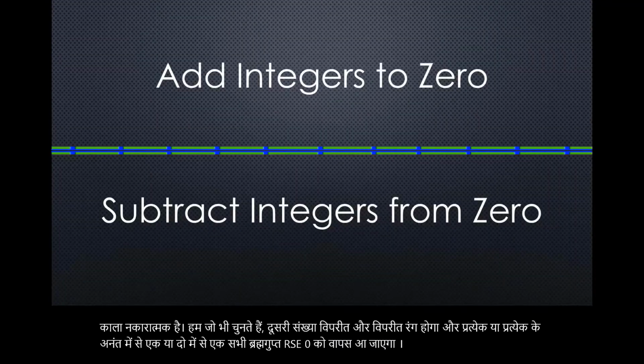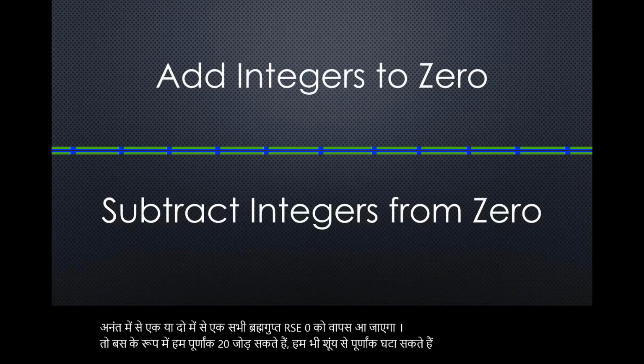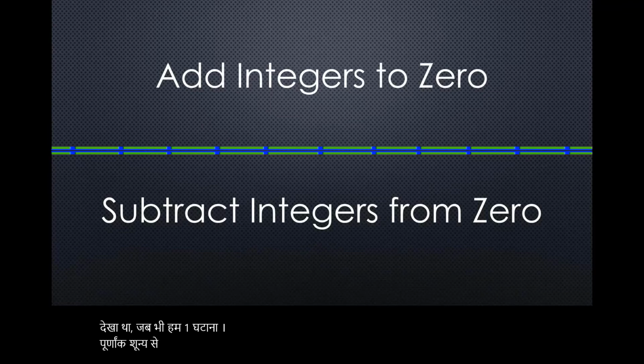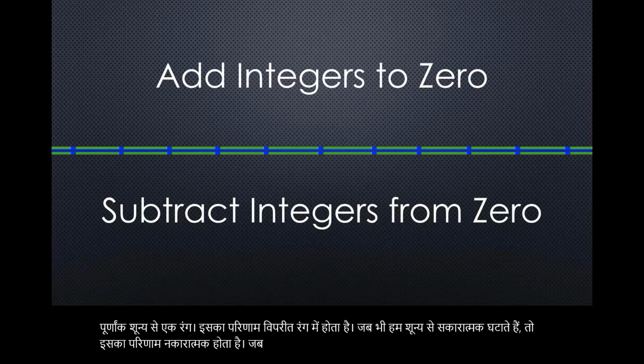Just as we can add integers to 0, we can also subtract integers from 0. As we saw before, whenever we subtract one integer, one color from 0, it results in the opposite color. Whenever we subtract positive from 0, it results in negative. Whenever we subtract negative from 0, it results in positive.